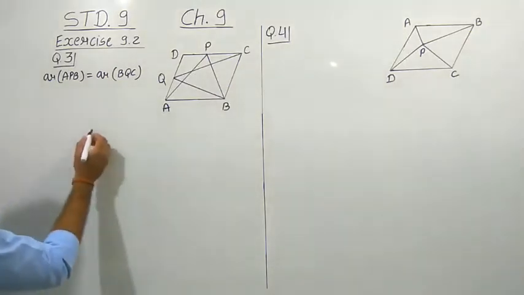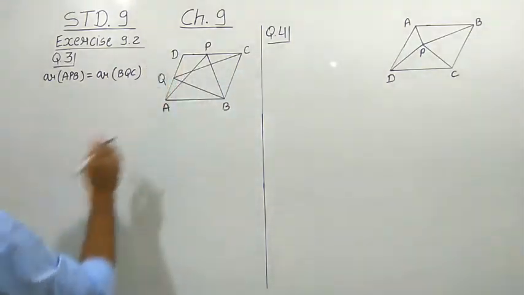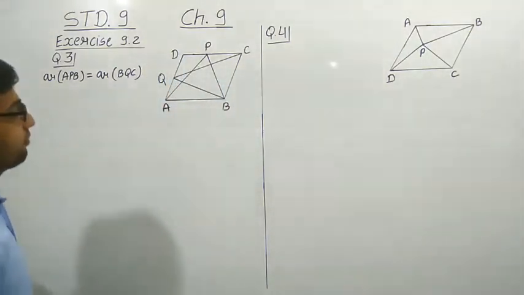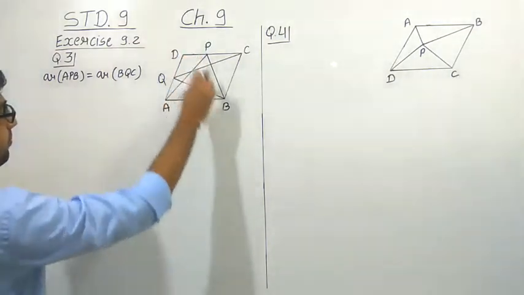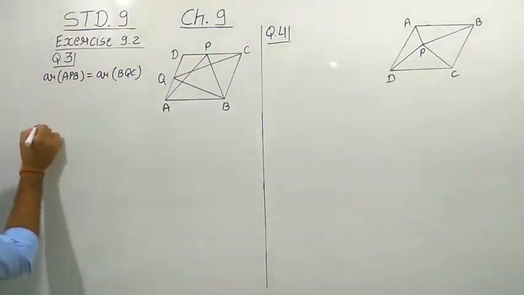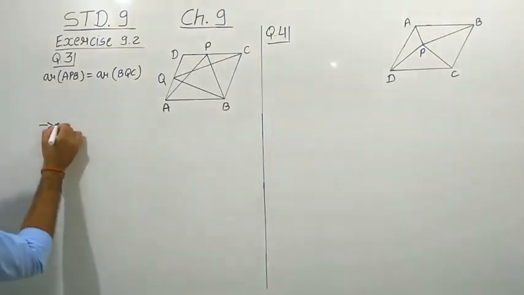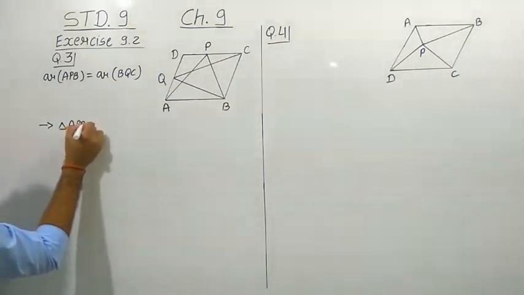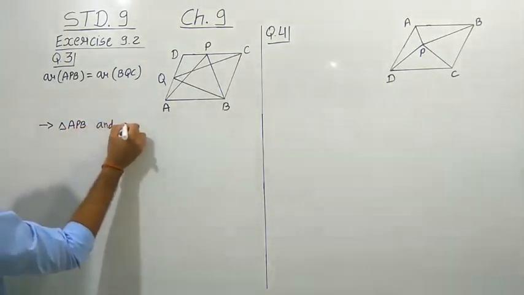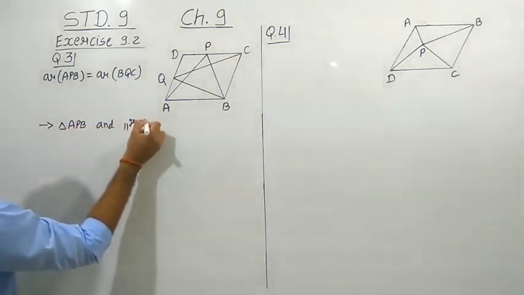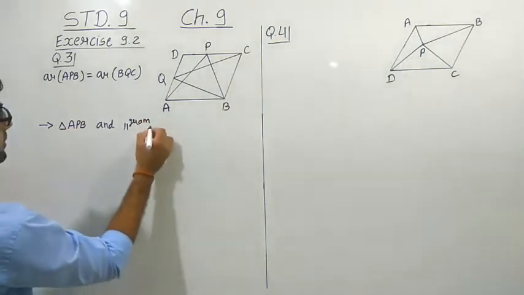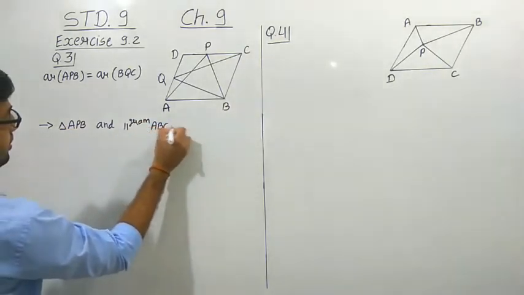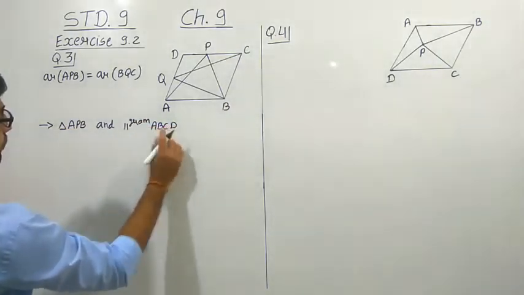Here, if we consider that ABCD is a parallelogram and APB is a triangle, we can write it down like this. Triangle APB and parallelogram ABCD. Right? This is the short form of the parallelogram.